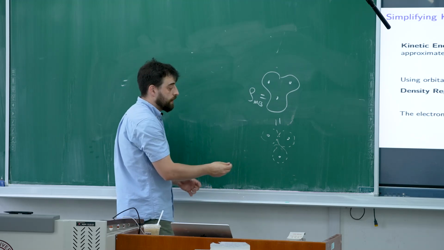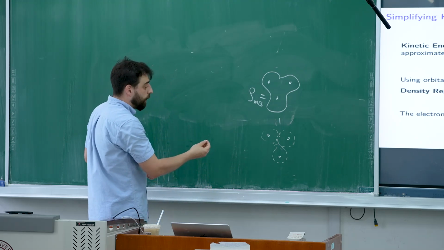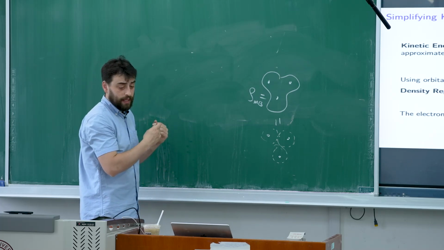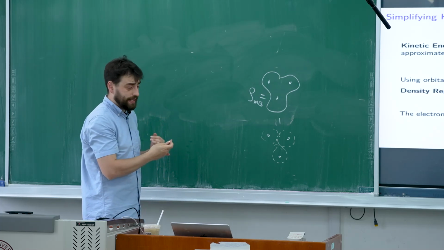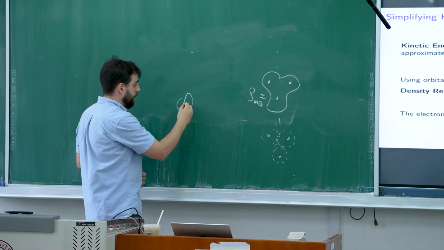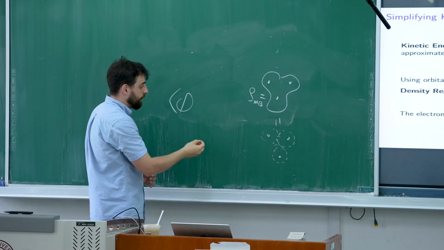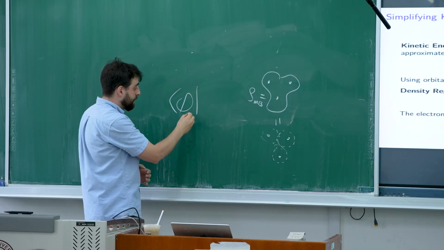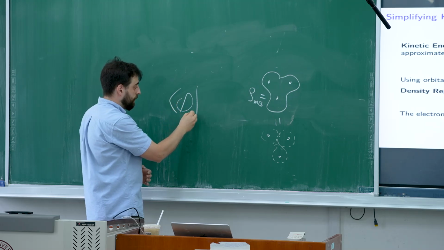Right. So what that really means is that now we're going back to the way Hartree-Fock calculates things like kinetic energy. We have a bunch of orbitals, okay? So we have a bunch of orbitals in state space, except these are single particle orbitals, right?